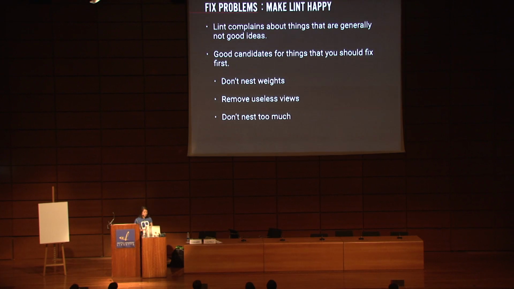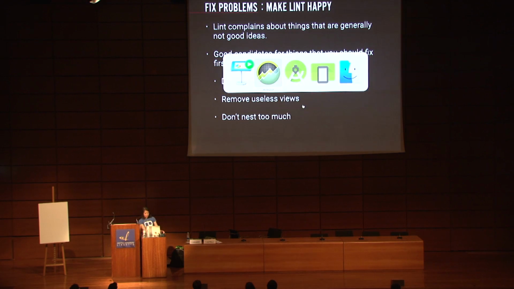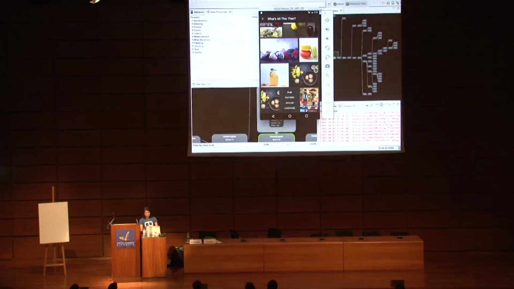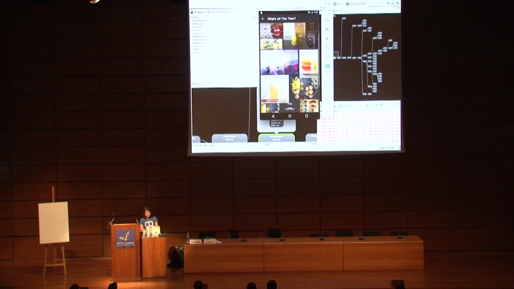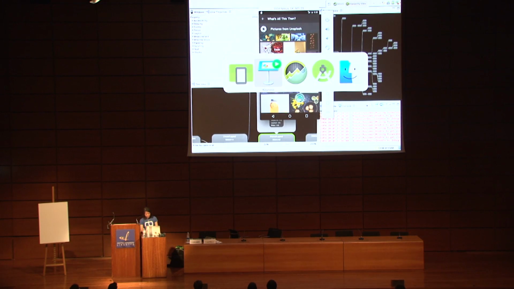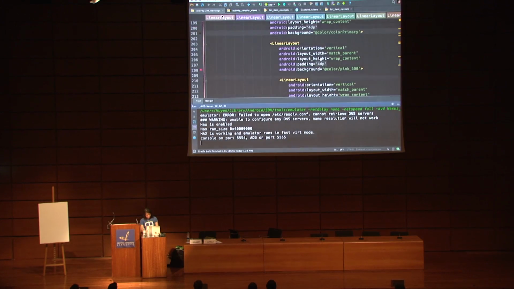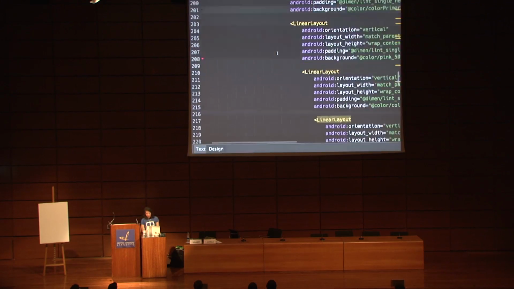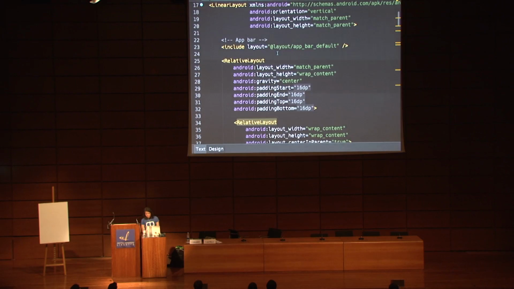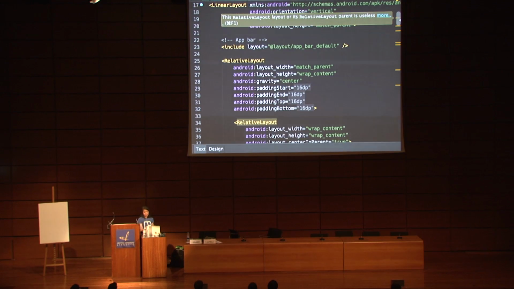So let's go back to my really gross layout here. If I go ahead and open up Android Studio, there are lots of different warnings that you might get for layout problems from lint. One of these might be that a parent is useless.